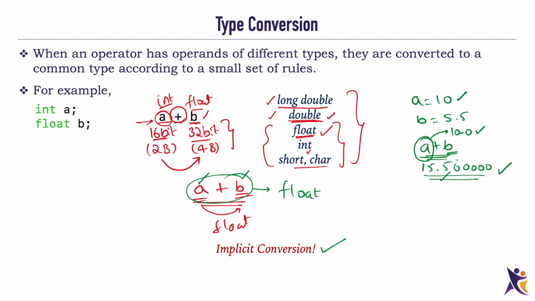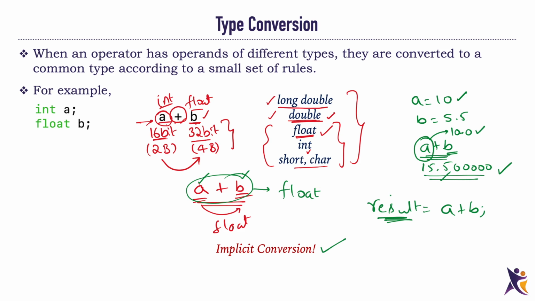Whatever value we have got from a plus b will also be a floating point number, right? So to store this value you will need a variable. Let's say result is equal to a plus b. This is how you store the value of a plus b in a variable called result. Now the question is, what is the type of this variable?